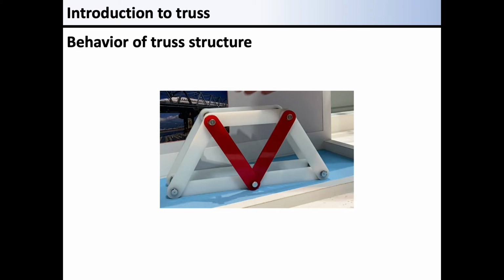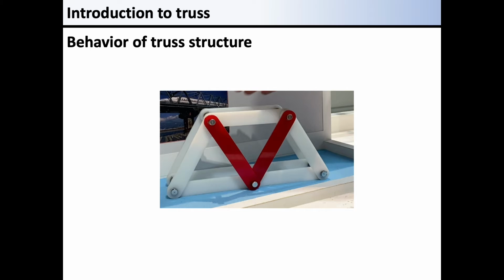The structure is composed of triangular parts. The members are assembled together at the points releasing the rotation. They are connected so that the rotation is free at these points.